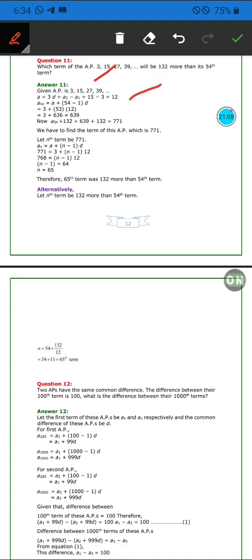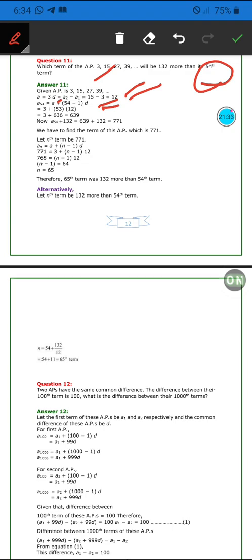A is 3, D is 12. Next, the 54th term. A54 equals A plus 54 minus 1 into D. In place of n we write 54. By simplifying this we get A54 as 771.